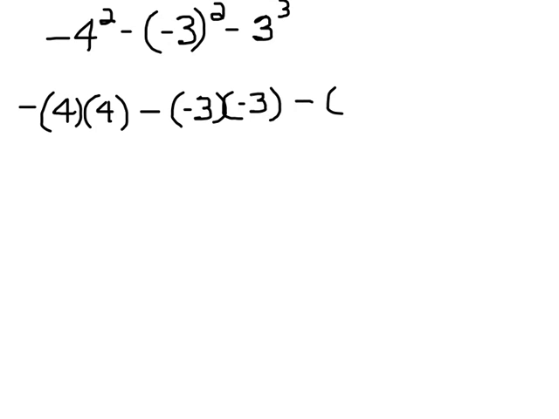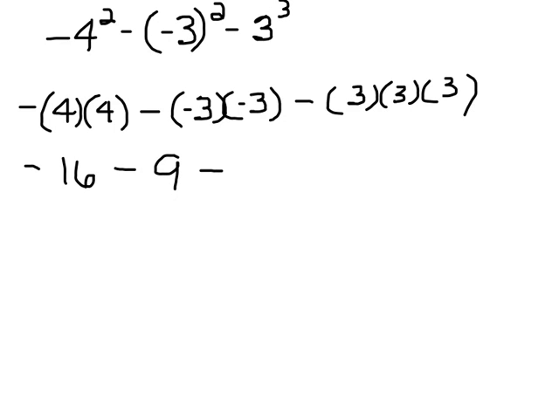Here I'm going to cube only the number 3, not the negative sign that is with it. So we've got a negative here. 4 times 4 is 16, and then minus negative 3 times negative 3 is positive 9, and then minus again, that's this minus, and then this minus. 3 times 3 is 9 times 3 is 27.